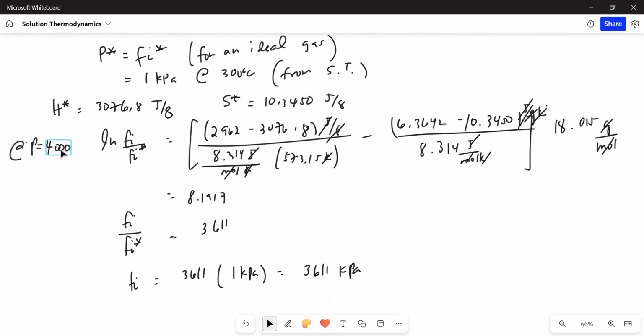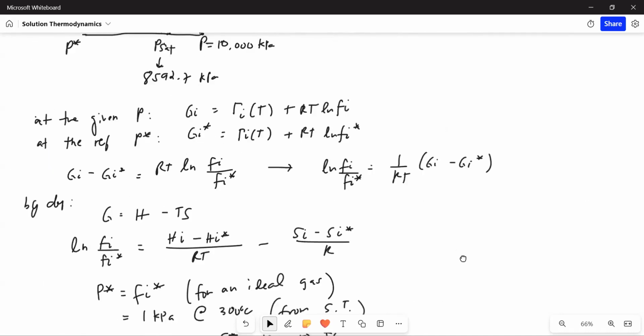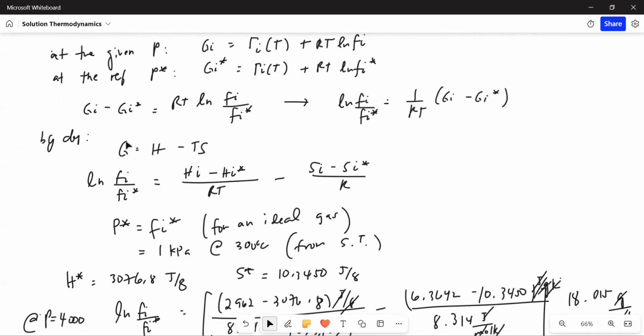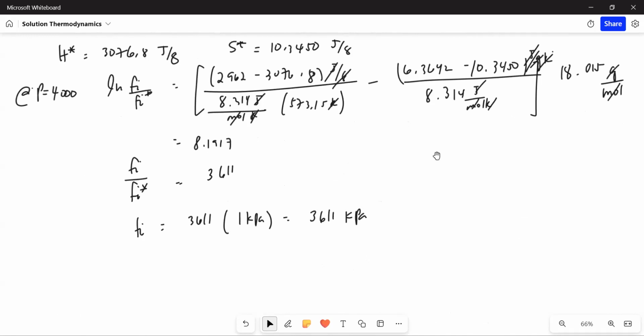For an ideal gas at pressure 4,000, it will have the same G. But for a real gas to have the same Gibbs free energy, the pressure is not 4,000 but 3,611, because the fugacity, this is important, is equal to the pressure of an ideal gas which has the same temperature and molar Gibbs free energy as the real gas.